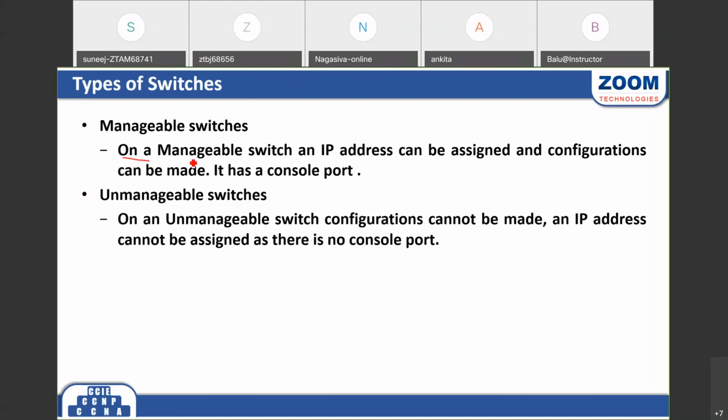On a manageable switch, an IP address can be assigned and configurations can be made. It has a console port. On unmanageable switches, configurations cannot be made, IP address cannot be assigned, and there is no console port. Clear, guys?